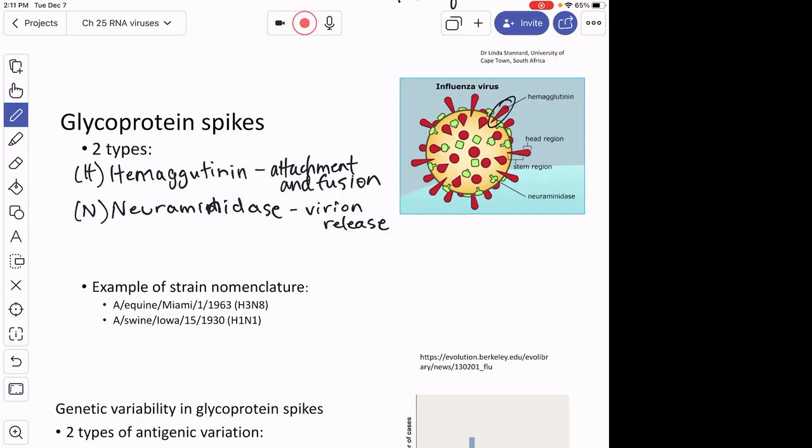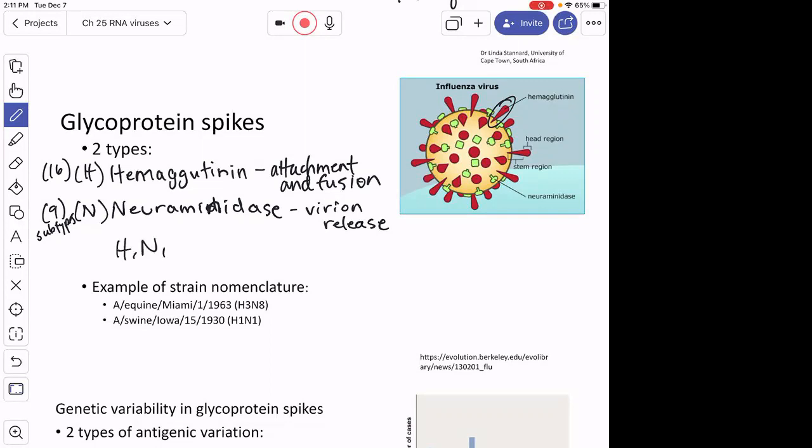Okay, so we name the strains based on the subtypes of hemagglutinin and neuraminidase. There's actually 16 different subtypes of hemagglutinin and 9 different subtypes of neuraminidase. Not all of those subtypes are able to infect humans. But this is how we name strains, like H1N1.